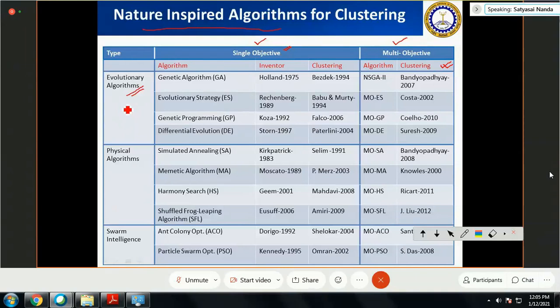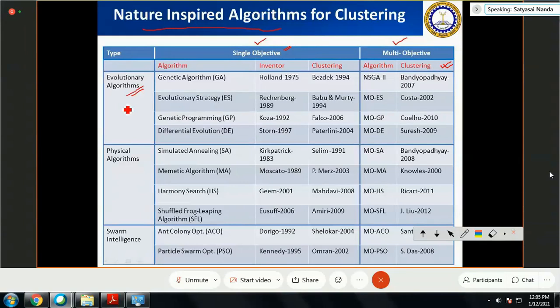Then the next category is physical algorithms. Physical algorithms are derived from physical phenomena like the heating and cooling of a particular body, which leads to simulated annealing.